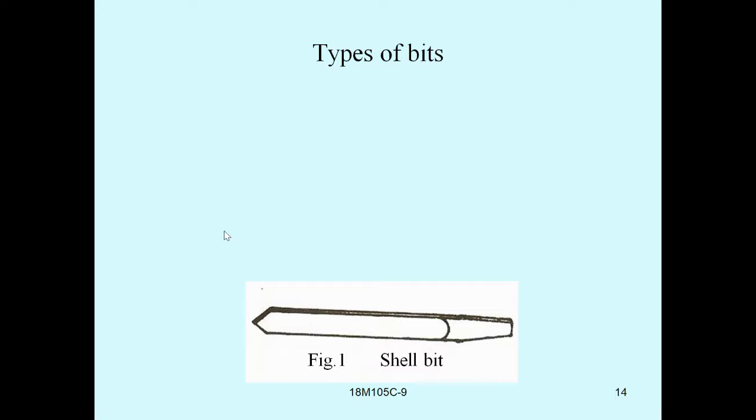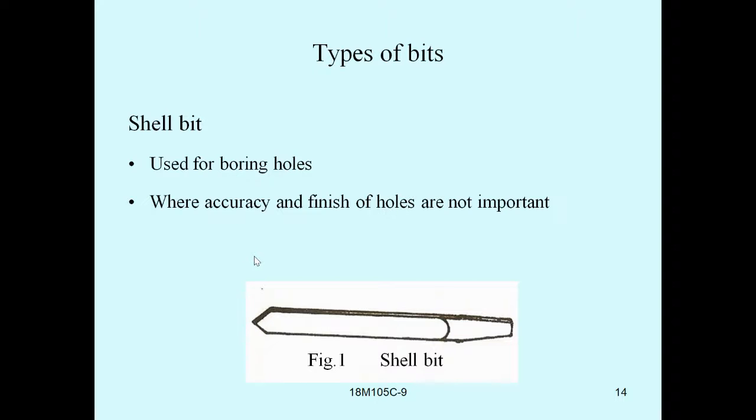Shell bit. You can see the diagram of a shell bit here. This type of shell bit is used for boring holes where the accuracy and finish of the hole are not important.